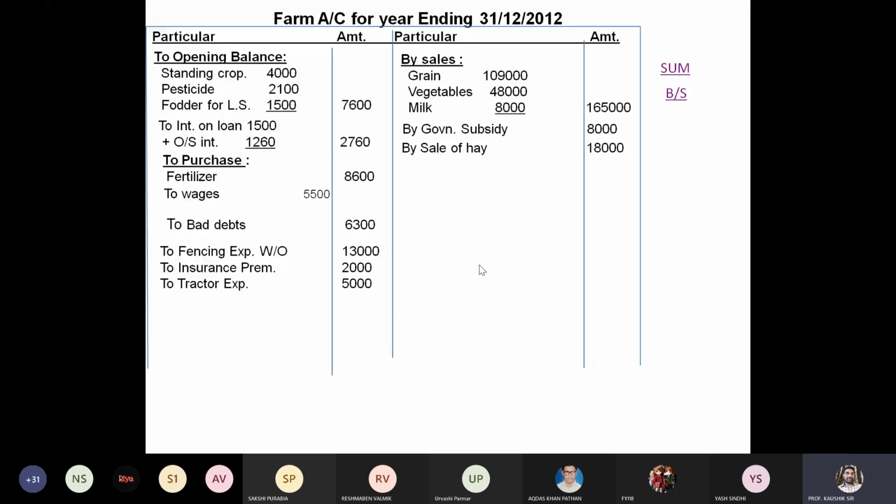Standing crop, pesticide, fodder for livestock. Total of the opening balance is 7,600. Go to the sum again.